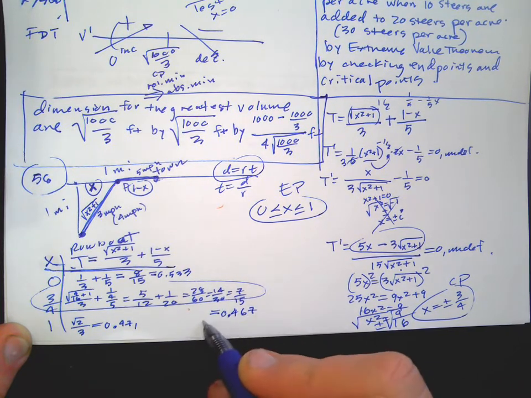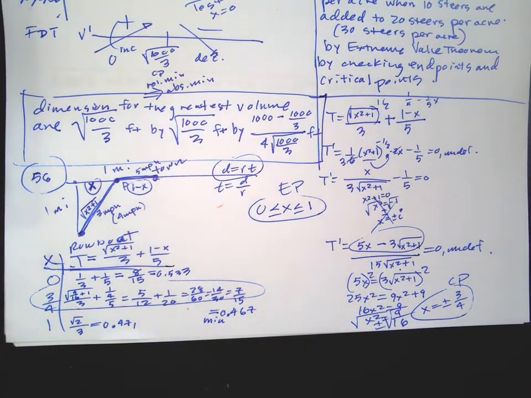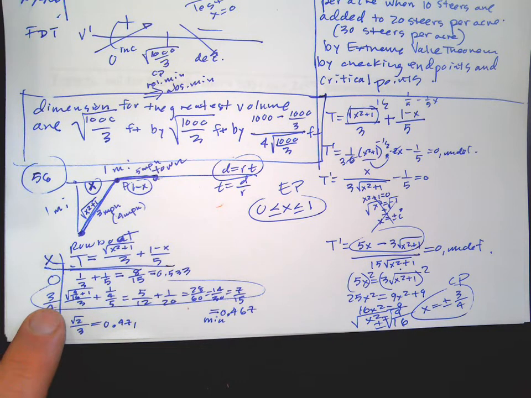So this one is barely the minimum. So then we're going to say the least amount of time to reach his destination is 7/15 hours when he rows to a point 3/4 miles down the shore and walks the remaining 1/4 mile.